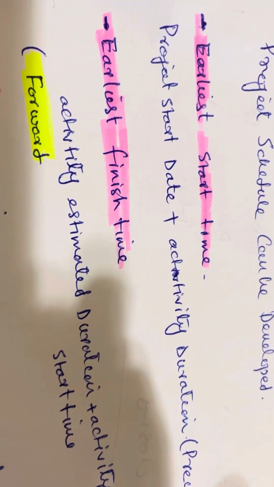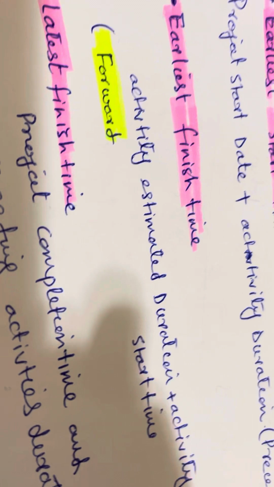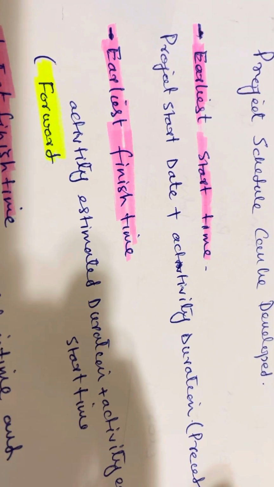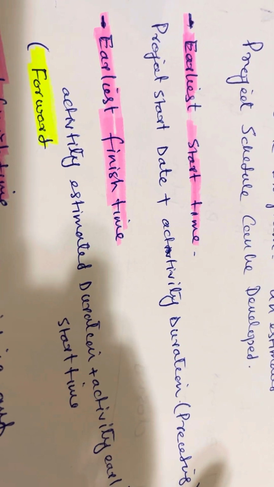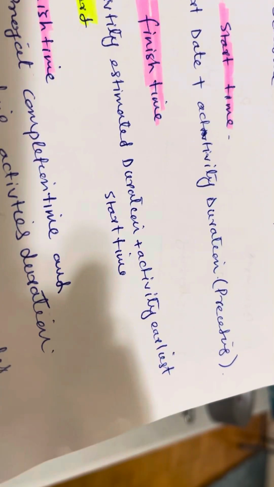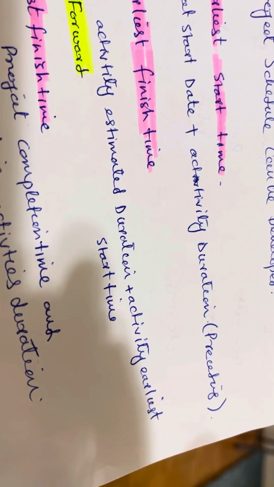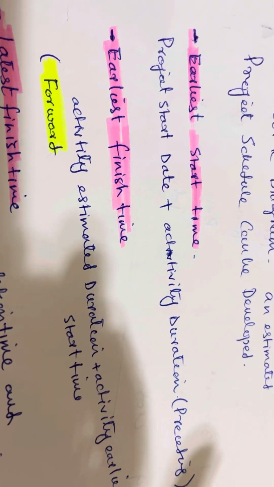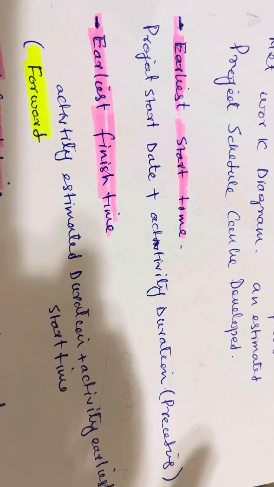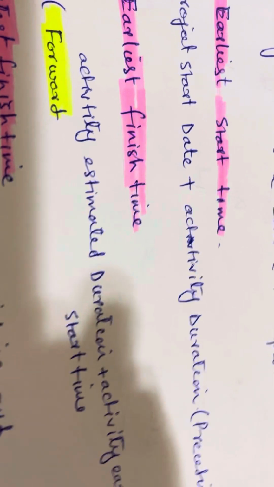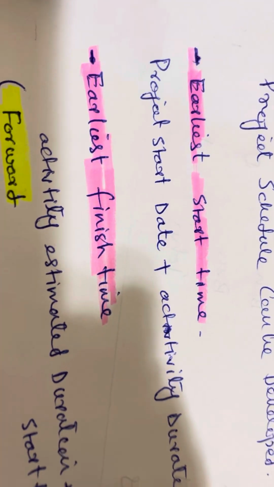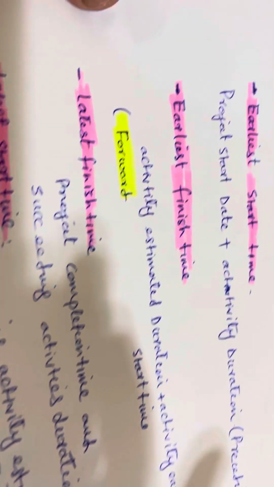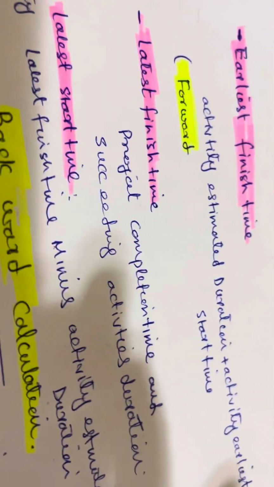The earliest finish time of the activity is the estimated duration plus the activity earliest start time. And we go forward, and at the end we calculate the days, the years, whatever the duration of the project.